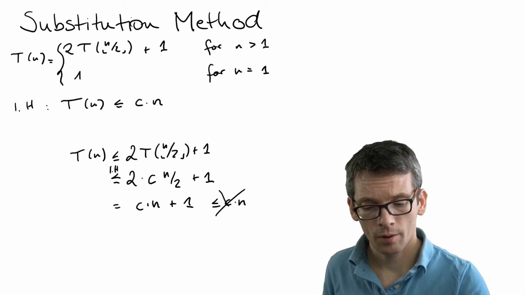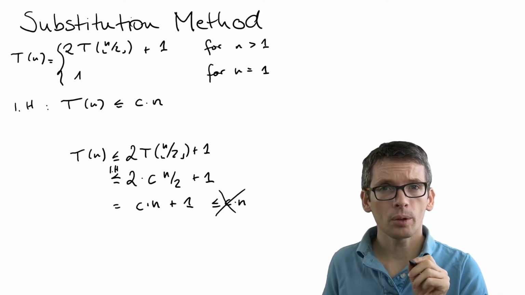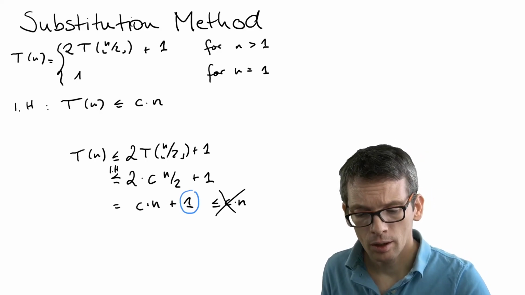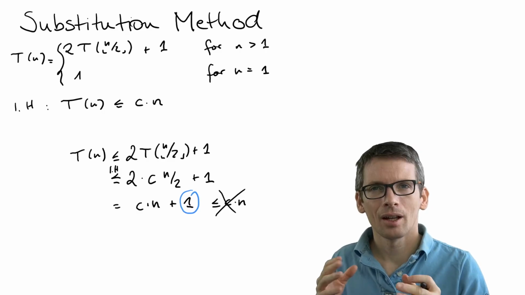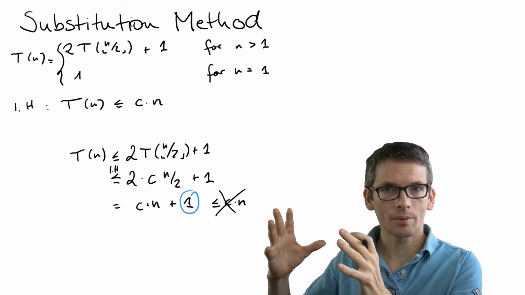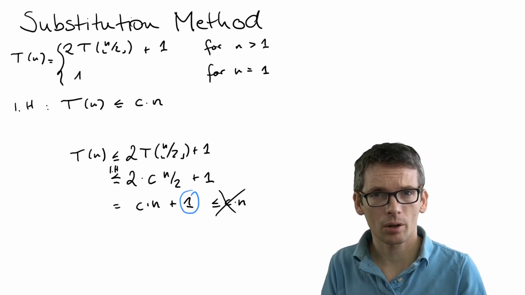So this cannot work. So if you end up in a situation like this, you will observe that there is a lower order term here. Lower order term here means that we have the dominant term c times n, and then there's a term of lower order which gets in our way.